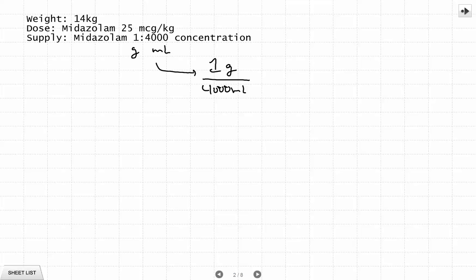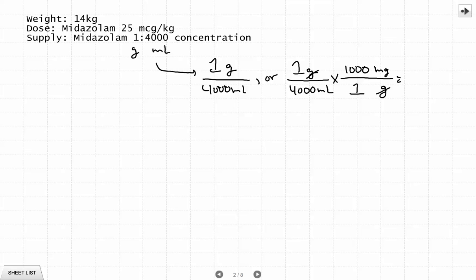So what we can do is take our given ratio, which is 1 gram for every 4,000 milliliters, and again, we want to get out of grams and into milligrams. So that's 1,000 milligrams for every 1 gram. So in terms of milligrams per milliliter, you have a ratio of 1,000 to 4,000.